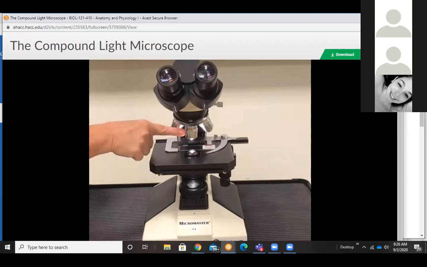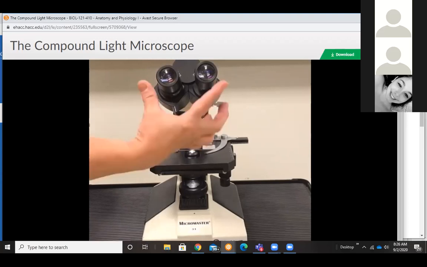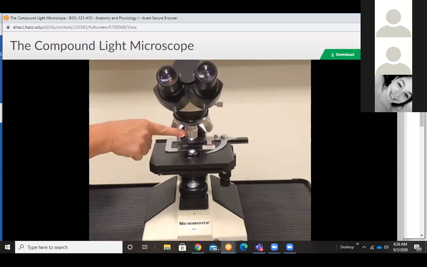In this case, this is the scanning objective, which has imprinted on it 4x or 4 times. And so we would take 10 times 4. And so if you're looking at the image with the scanning objective over the stage, it would be magnified 40 times.